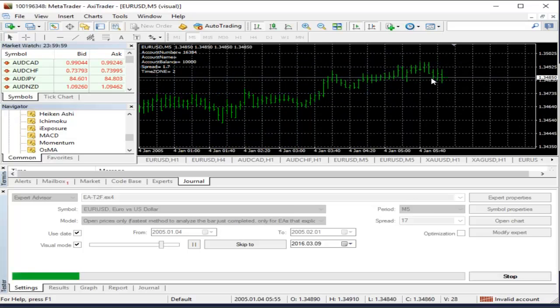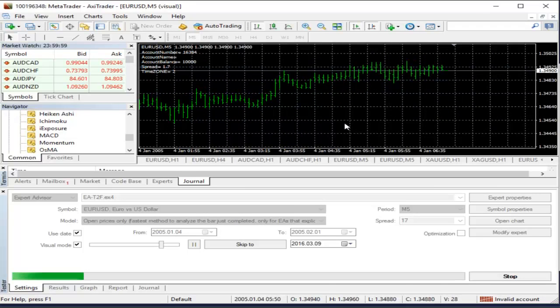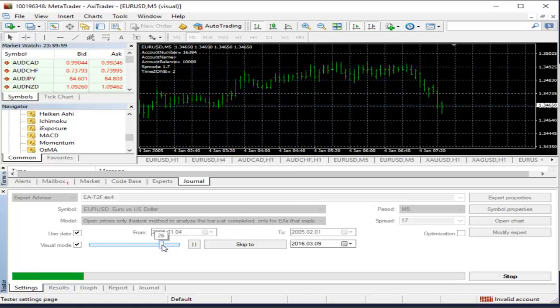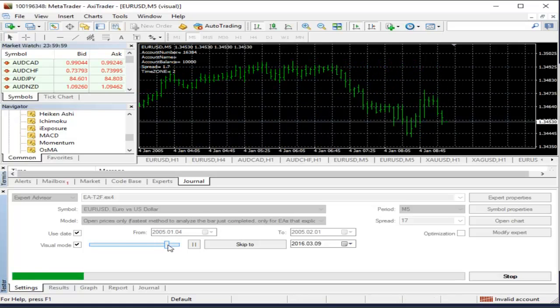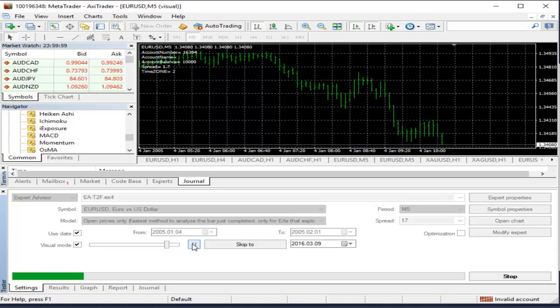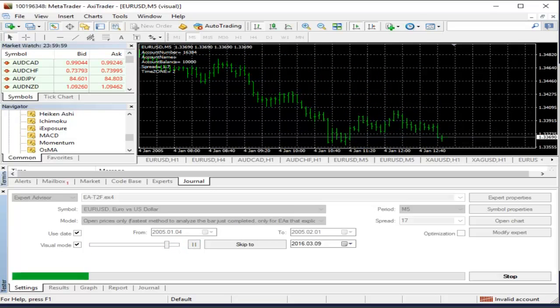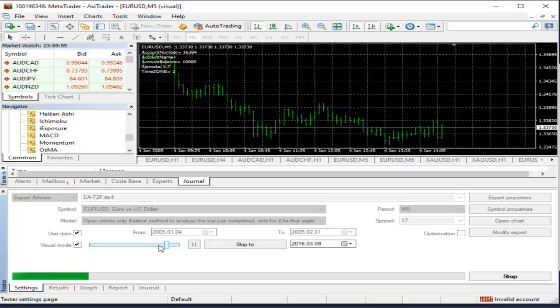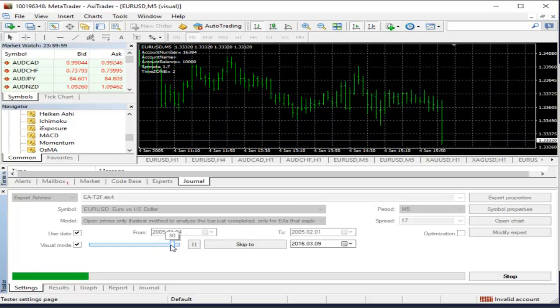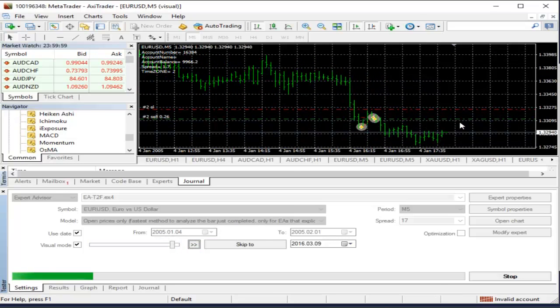These are 5-minute bars, right? And with this I can move the speed, and the trade comes into the market sooner or later. So one more day to go. Oh, there it went. You see, there is a stop loss.